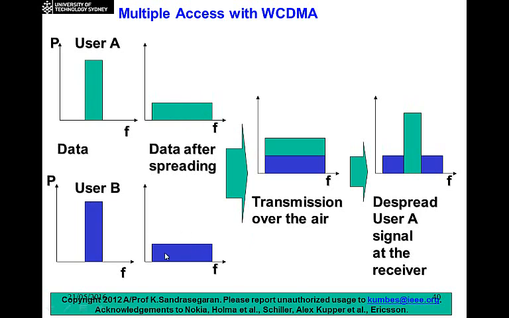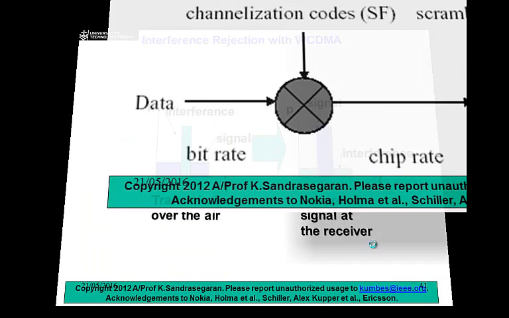This wideband signal is transmitted across the interface, and what you receive at the receiver will be the sum of all the signals from all the users. Now at the receiver, if whoever user A is communicating with multiplies it by the code that A used, then you again go from your wideband signal to a narrowband signal, whereas user B's transmission continues to be a high bandwidth low power signal, and that can be filtered out.